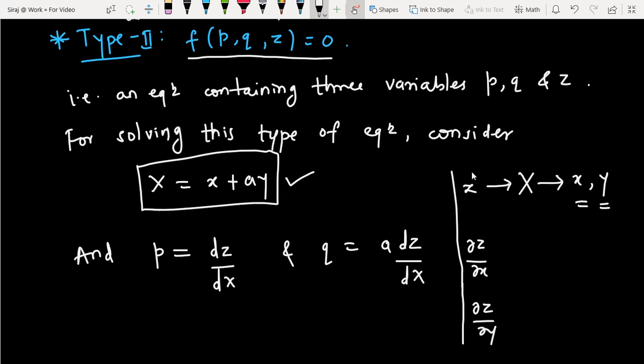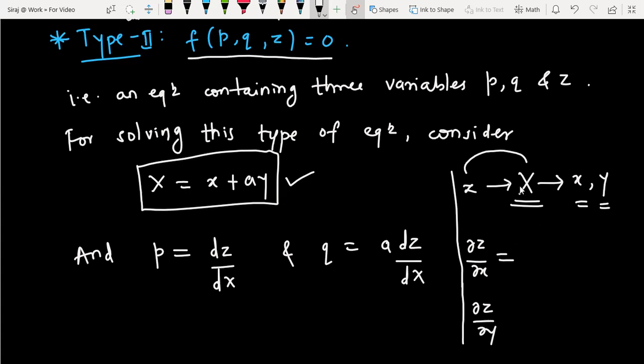So del z by del x will be the first derivative of z with respect to the middle variable, which is capital X. Here we are having a single variable, capital X, so the operator will be d, because only if we are having more than one independent variable are we going to use the operator del. Otherwise, for a single variable we have to use the operator d.